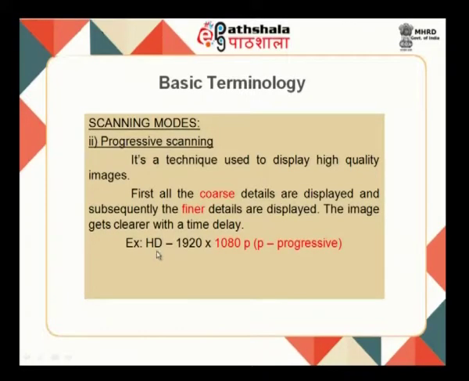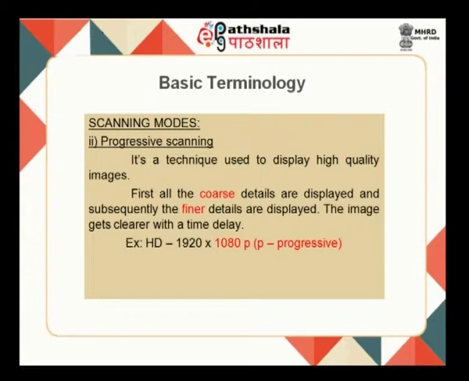With passage of time, the image before you gets clearer and clearer, and that is what is called a progressive scan. In the example here, HD 1920 1080p indicates this; generally it is colored red to indicate the standards. When you go and buy in a shop, they say 1080p is our display device, 1080i is the television we have.